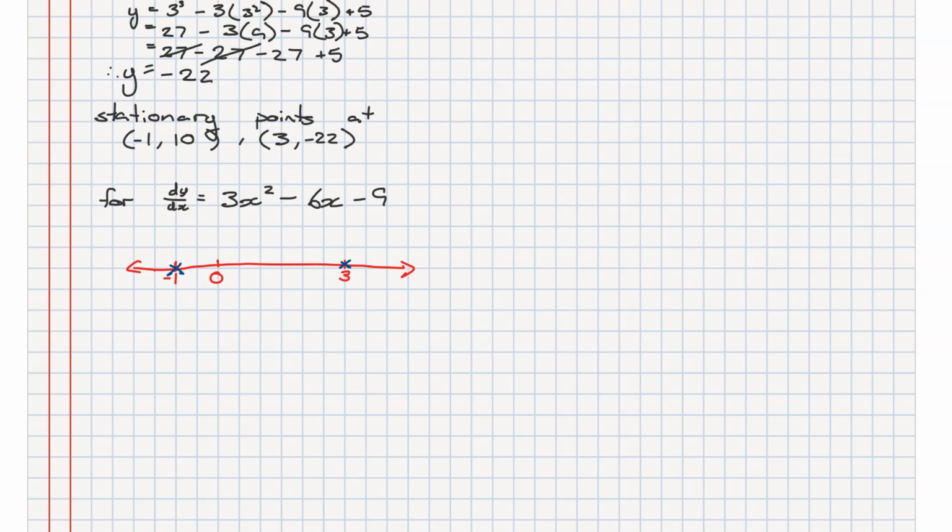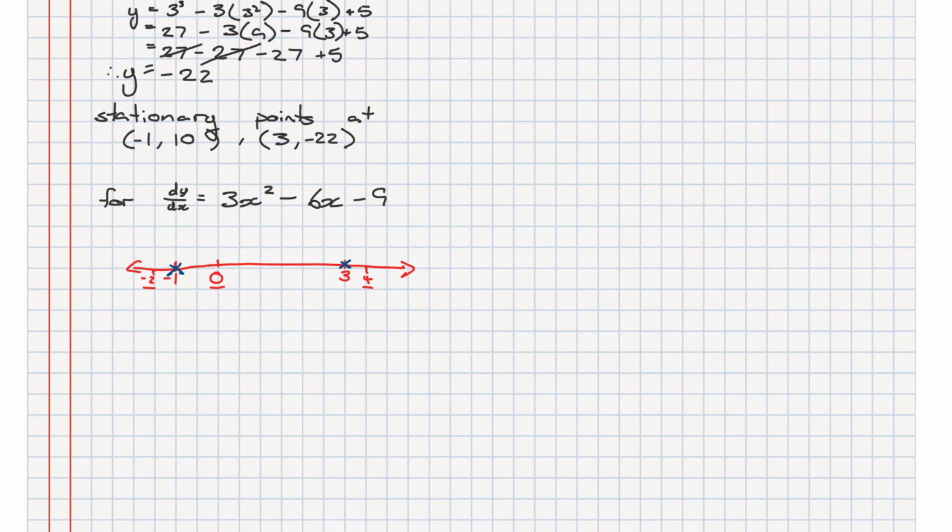Now what we want to know is, in between these stationary points, what is the behavior of this function? The way in which we can do this is we can do a bit of synthesis. What this would involve is we'll pick some values. We'll pick, for example, negative 2, positive 4, and 0.